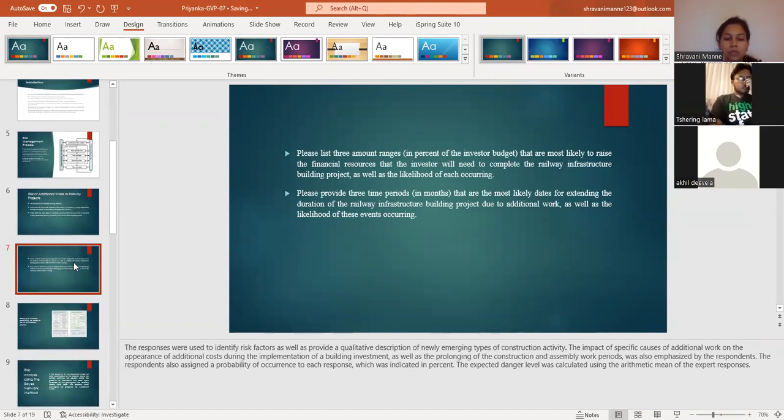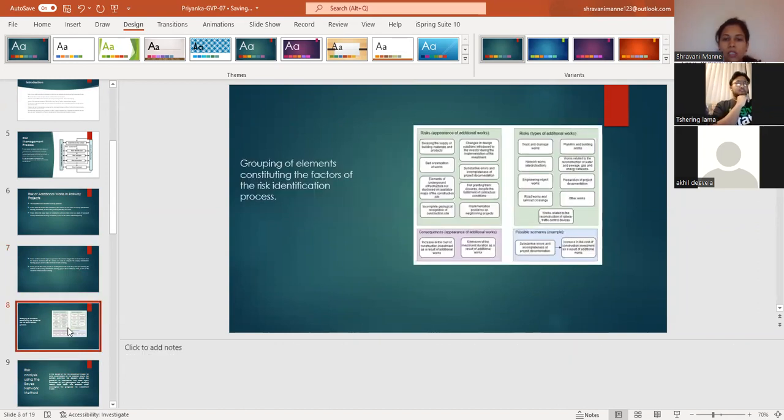The responses were used to identify risk factors as well as provide a qualitative description of newly emerging types of construction activity. The impact of specific causes of additional work on the appearance of additional cost during the implementation of the building investment, as well as prolonging of the construction and assembly work periods, was also emphasized by the respondents. The respondents also assigned a probability of occurrence to each response, which was indicated in percent. So here is a flow chart which describes the factors of the risk identification process.